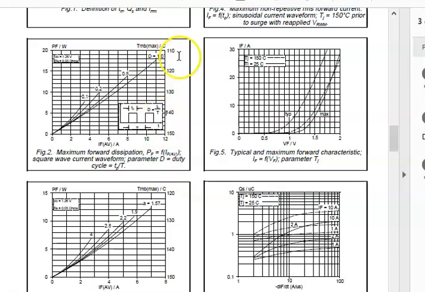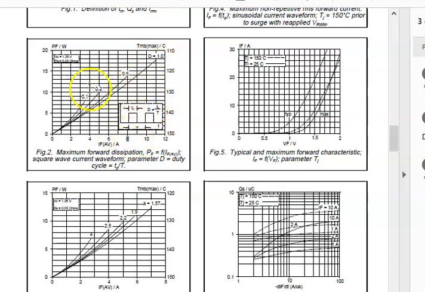At 100% duty cycle, continuously on, this is the curve. If you conduct from 2 ampere up to 8 ampere, we can even go to 12 ampere, but the recommended maximum is 8 ampere.